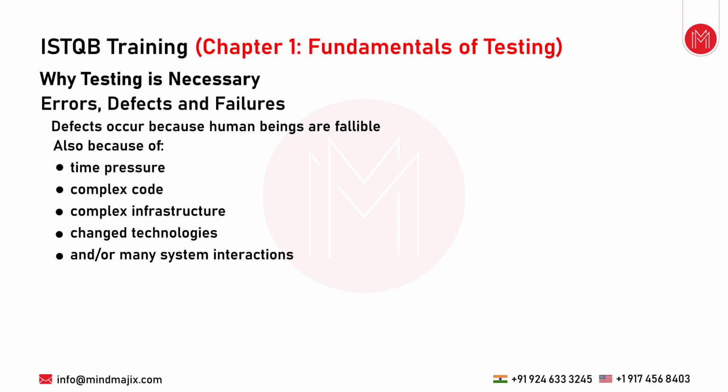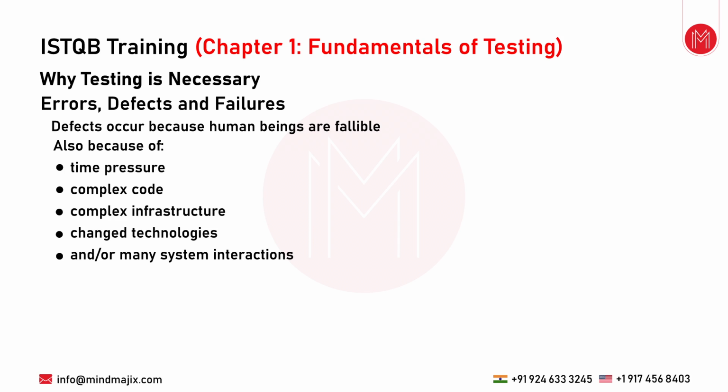And why do we miss the requirement, why do we miss the testing? Because of time pressure. There is a pressure that, okay, you have to deliver this project or this story within 2 days or by end of the day. Right now you are under pressure. You are covering only the prime requirement, not all the requirements.